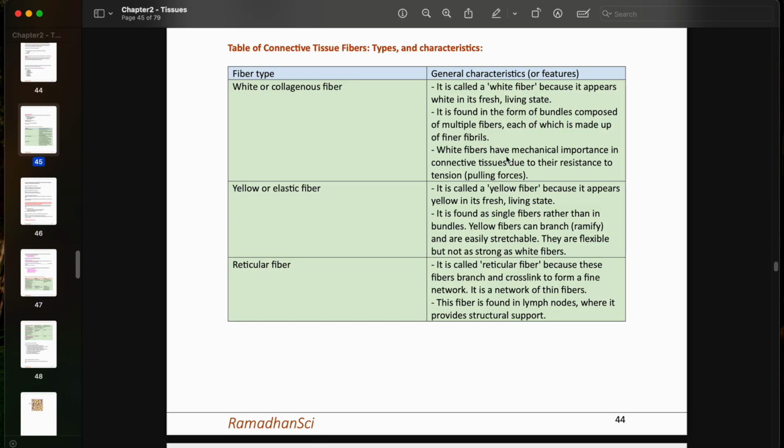So instead of saying here they have resistance to tension, they're strong, here they are actually flexible. They're easily stretchable, and they're not as strong as the white fibers. So you can see that we already have lots of points that we can make to compare between the yellow fiber and the white fiber. So you can pretty much have a comparison question telling you to compare, and it's not hard.